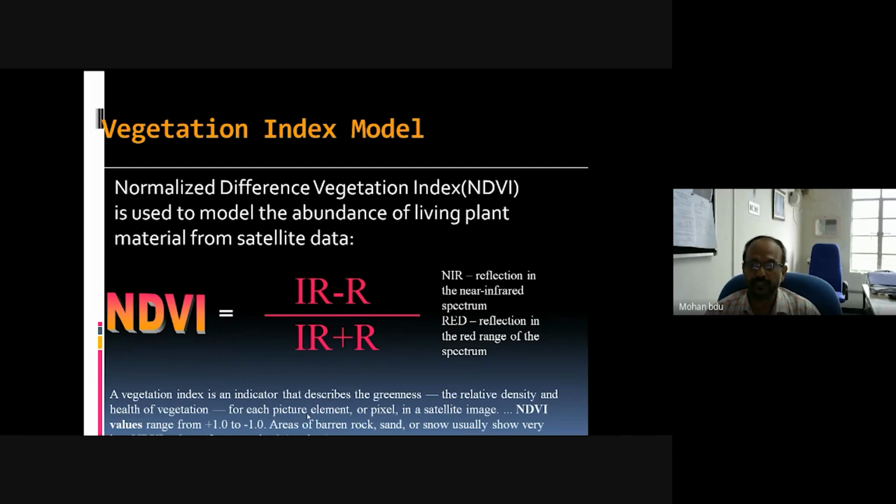For each picture element, or pixel, in a satellite image, the vegetation reflects visible and infrared radiation. Based on these reflections, we get values ranging from +1 to -1. If the value is high, it represents that the vegetation is very healthy and very green, whereas 0.1 or less shows very low values, and in fact there is no good healthy vegetation in the area.